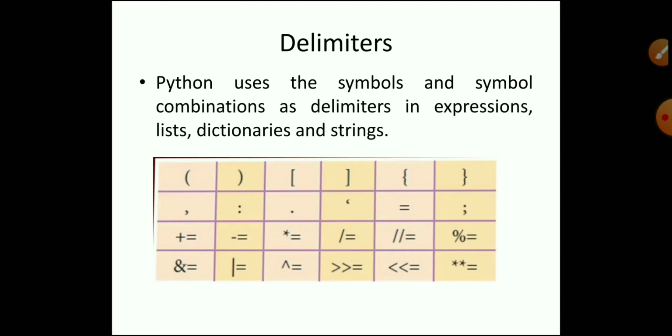What are they? Square bracket, parenthesis, curly braces, equal, comma, colon, dot. Everything is a delimiter. In C++ programming we say punctuators.